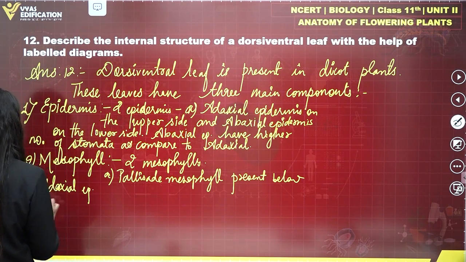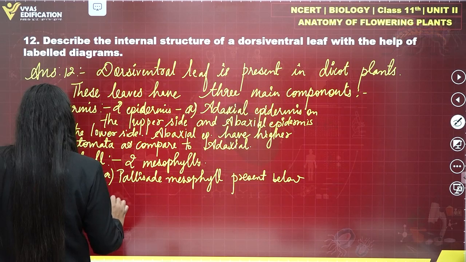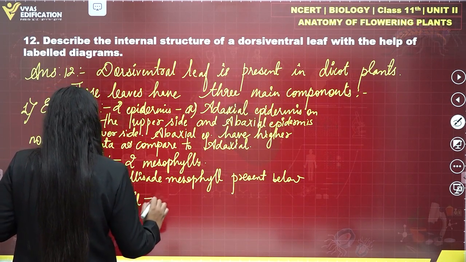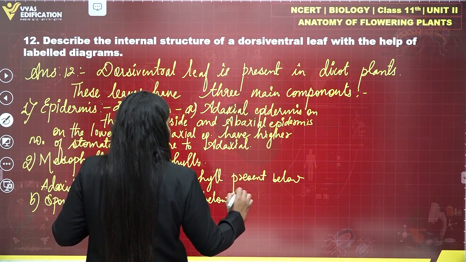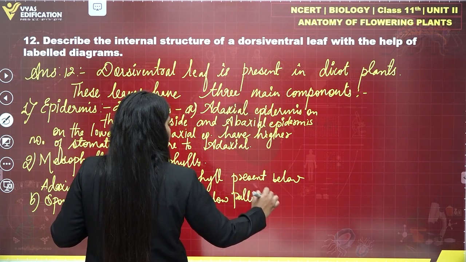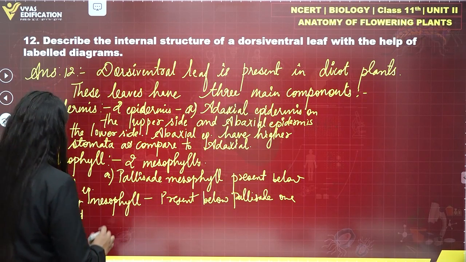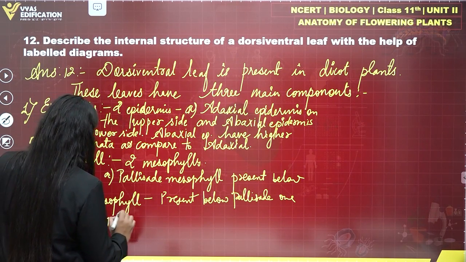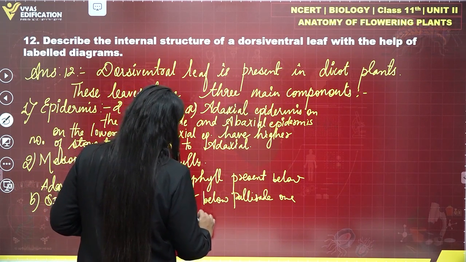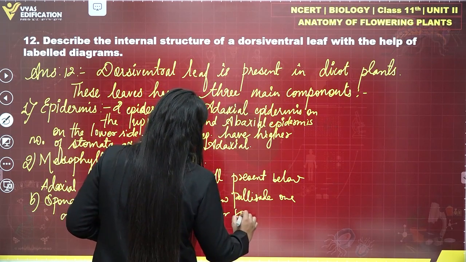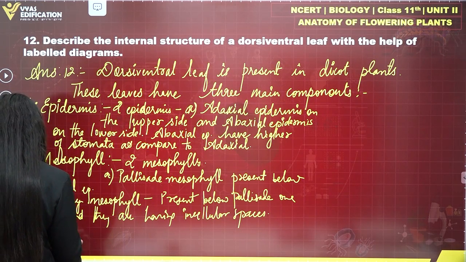The second one is spongy mesophyll, present below the palisade one, and they have intercellular spaces. The last one is vascular bundles.